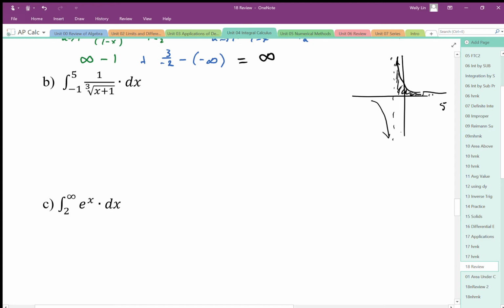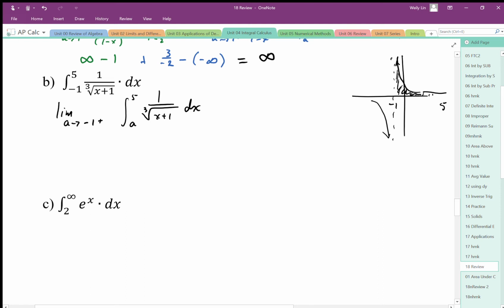It's unbounded at -1. So we have to write this as a limit as a goes to -1 from the positive side of the integral of a to 5, 1 over cube root x plus 1 dx.